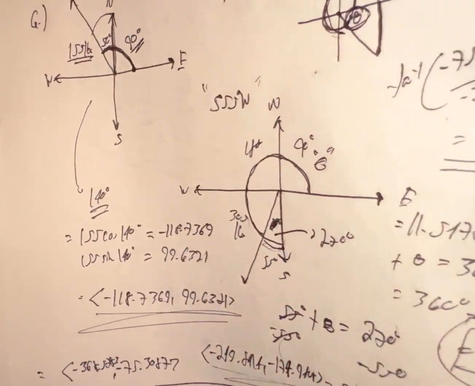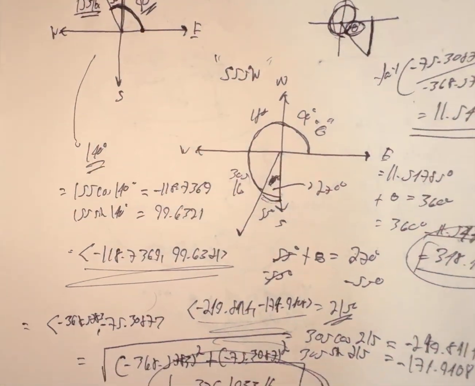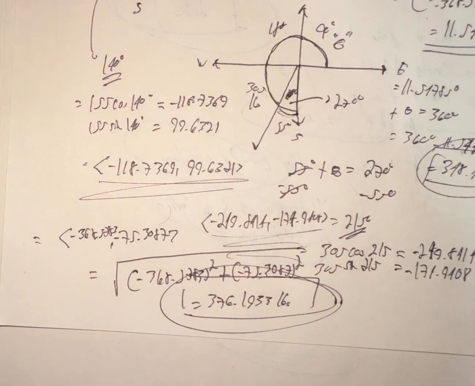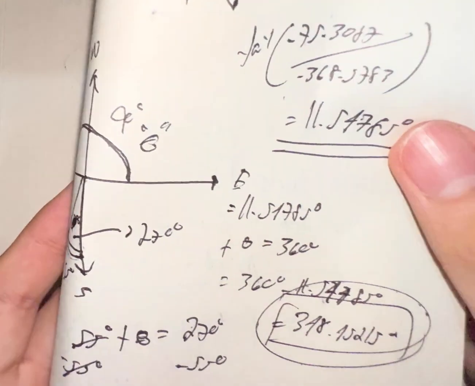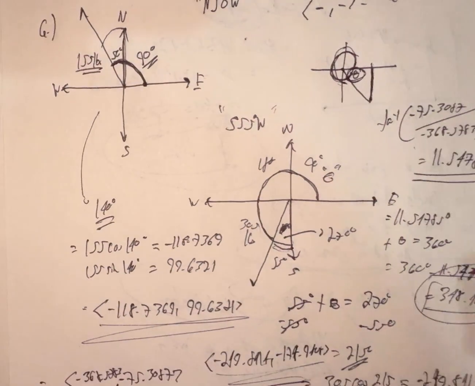That's our answer right there. Our final resultant vector is 376.9333 pounds, and for our angle, 348.45215 degrees. Thank you for watching.